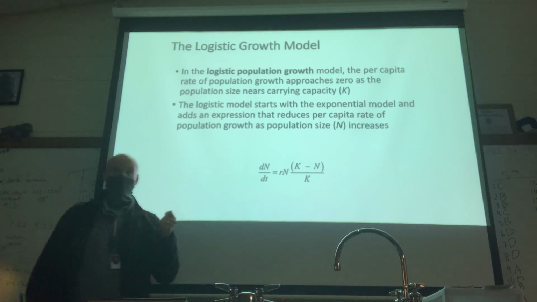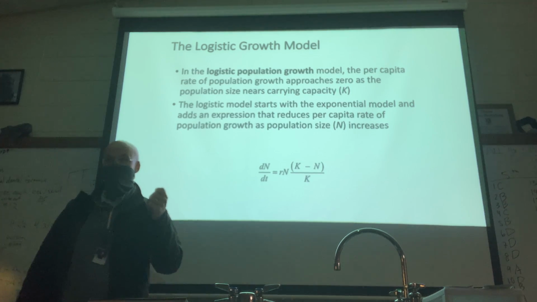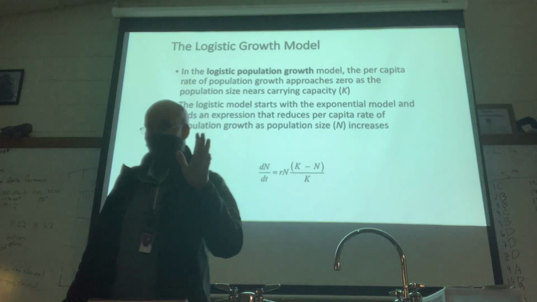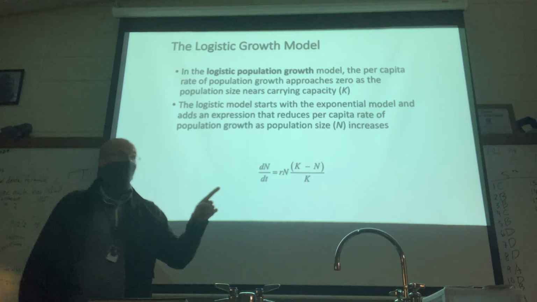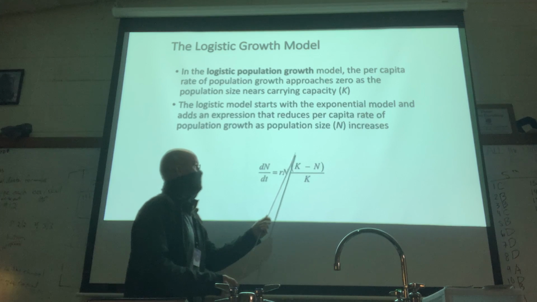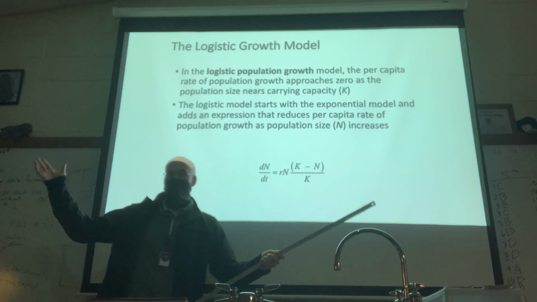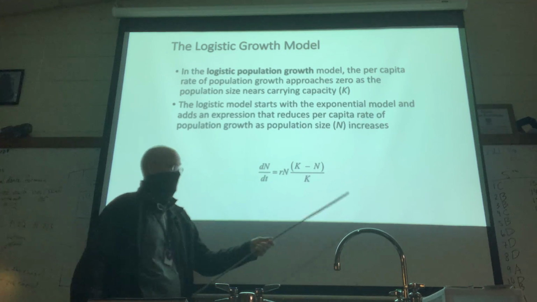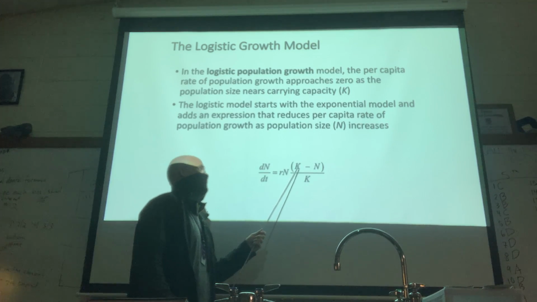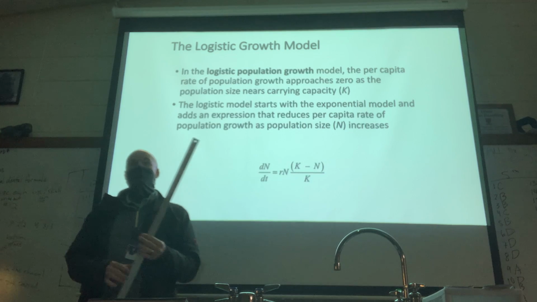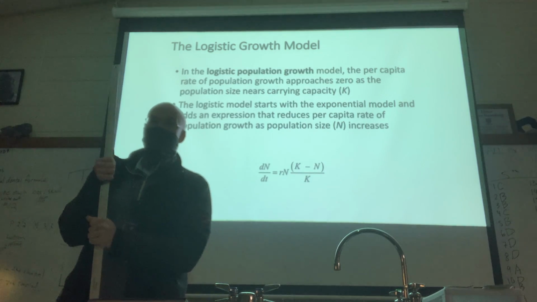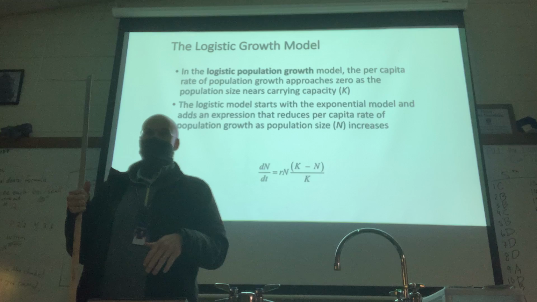it includes a variable we haven't talked about yet, which is which variable? K, capital K. So this component of the equation is different from the straight exponential growth equation. The variable K is the new variable, and it stands for carrying capacity.